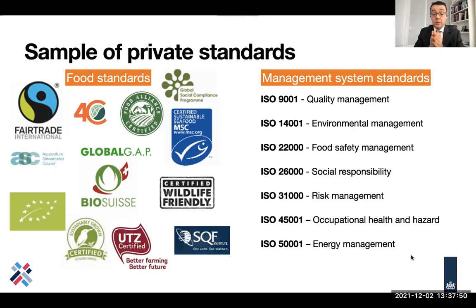So that's ISO 9000, and there are literally hundreds of these ISO standards for all types of things, and they're constantly being developed. So energy management, occupational health and hazard, risk management, and food security, and all types of issues are certified by these standards. But these are not product standards. These are management systems.